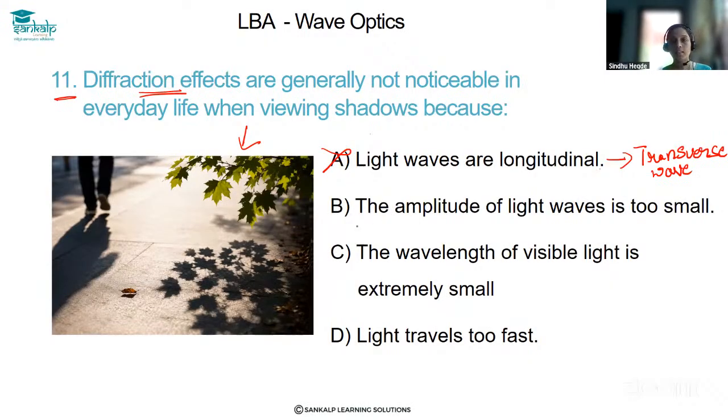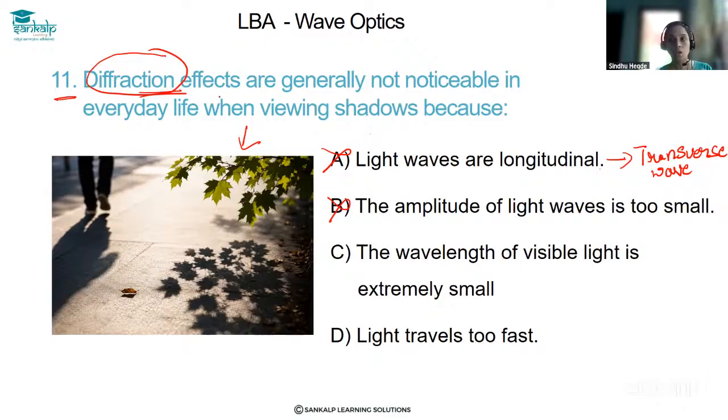Option B tells that the amplitude of light waves is too small. This option is also wrong because amplitude relates to the brightness, not the physical bending of wave. The question is related to diffraction.